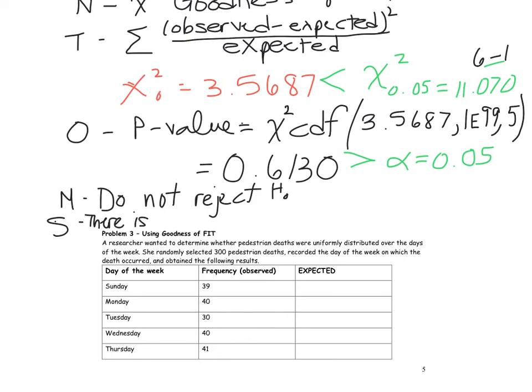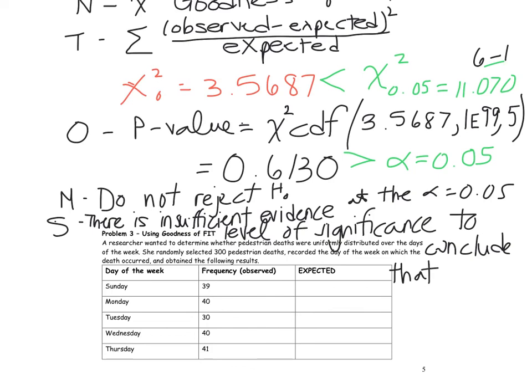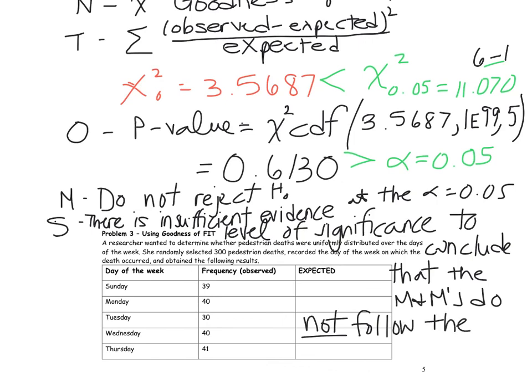There is insufficient evidence at the alpha equals 0.05 level of significance to conclude that, and we always state the alternative, and the alternative is that the M&Ms do not follow the manufacturer's distribution.